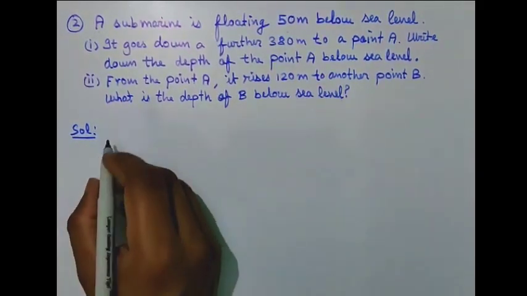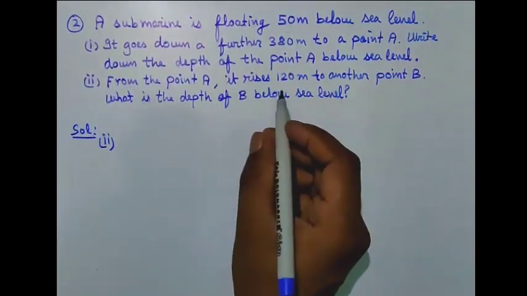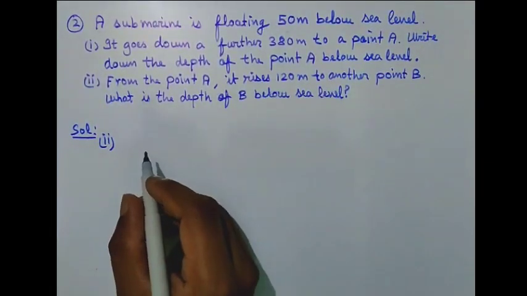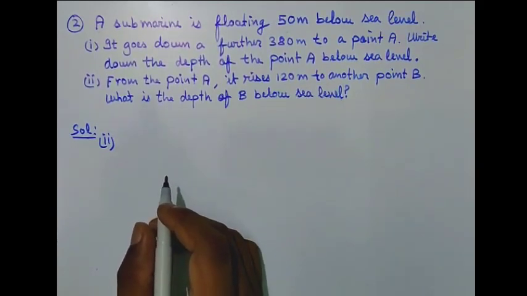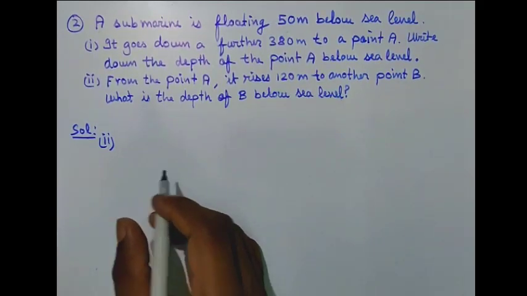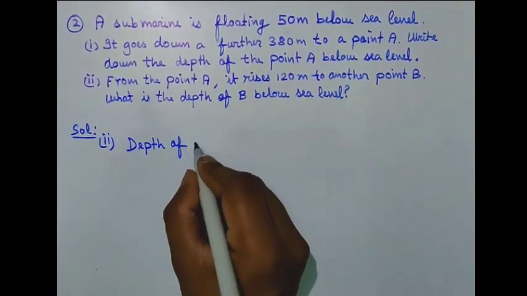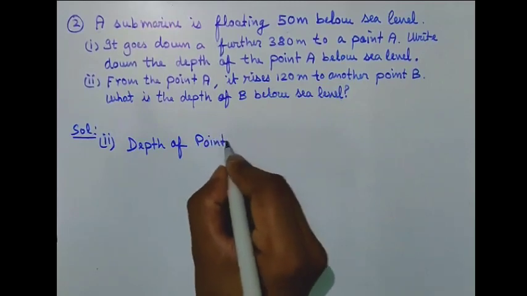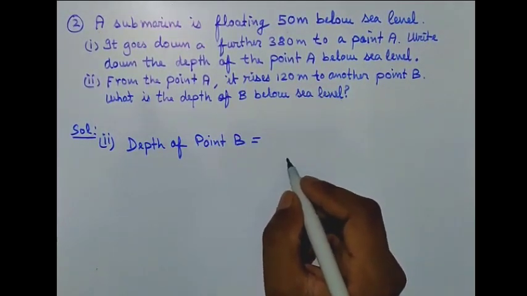So now, part 2 of this question. From point A it rises, so we know the depth of point A is minus 430 meter or negative 430 meter. So we can say depth of point B will be equal to how much?